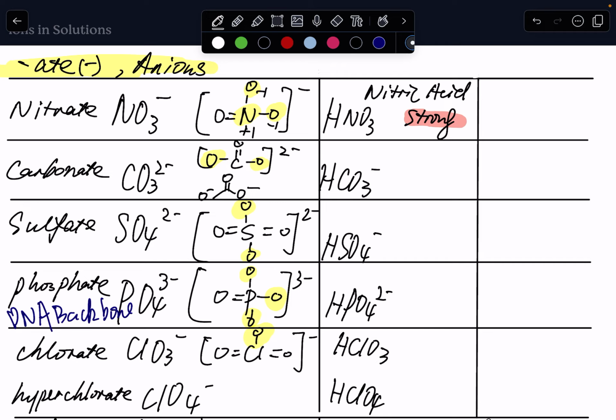The second one is not a strong acid, but it is a really important thing that you really want to recognize. It's bicarbonate. What is bicarbonate? Remember the biological buffer solution? Water and carbon dioxide form carbonic acid. And then carbonic acid, it's a weak acid. It's a buffer system, right?